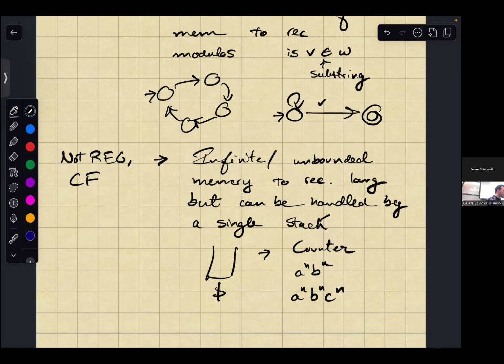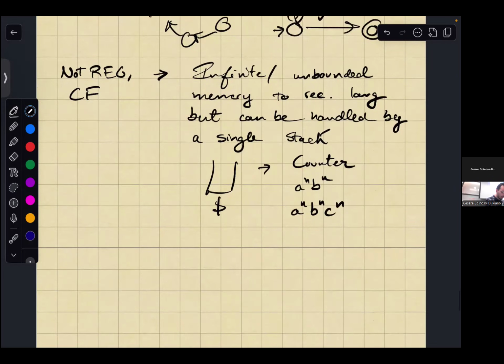Another thing that's nice with stacks is that you can recognize things that have to do with reversing the string, right? In a stack, when you're reading a string, if you read the string and push it onto the stack, then effectively you're reversing the string.